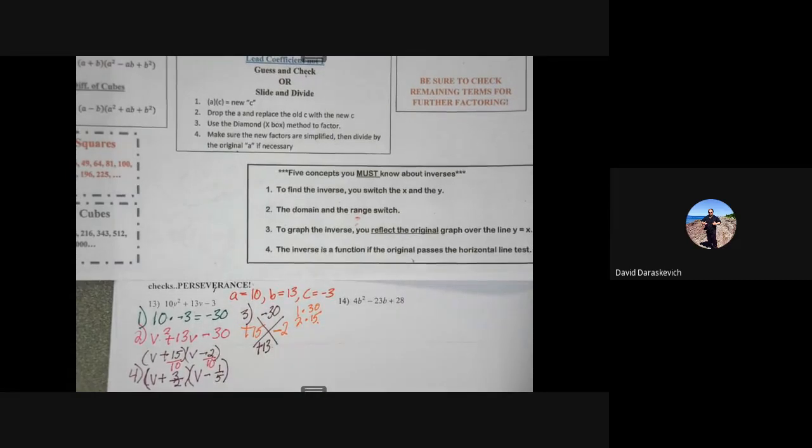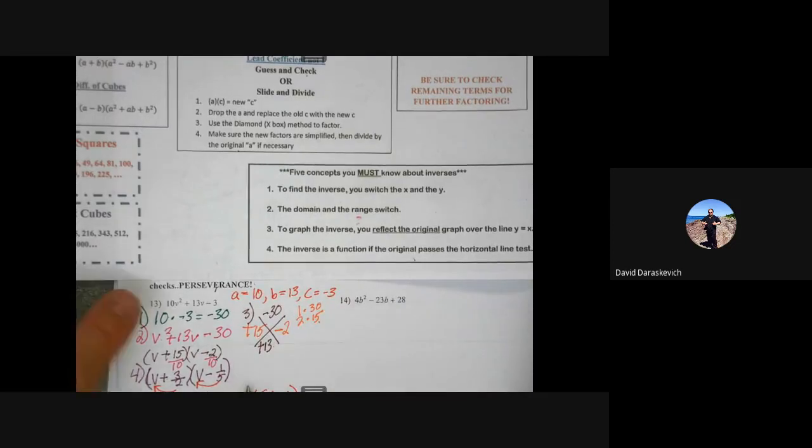Now that they're simplified, if they don't divide evenly, I slide the denominators over. If they divide evenly, I would just have V plus whatever that whole number is. So my answer here, 2V plus 3 and 5V minus 1.